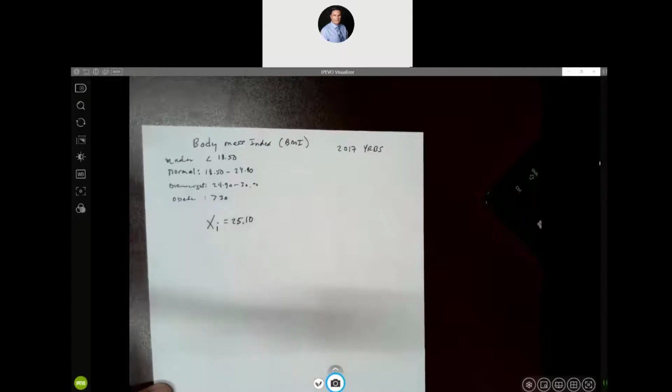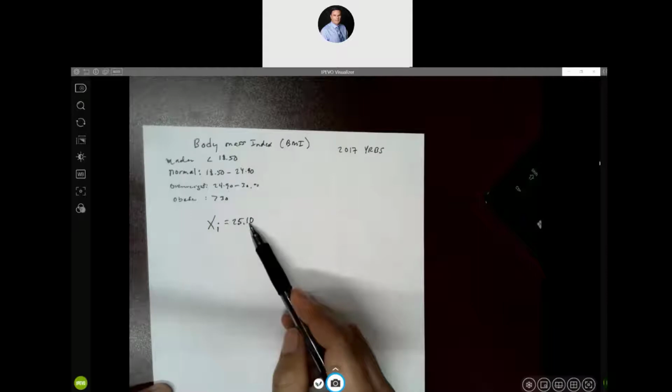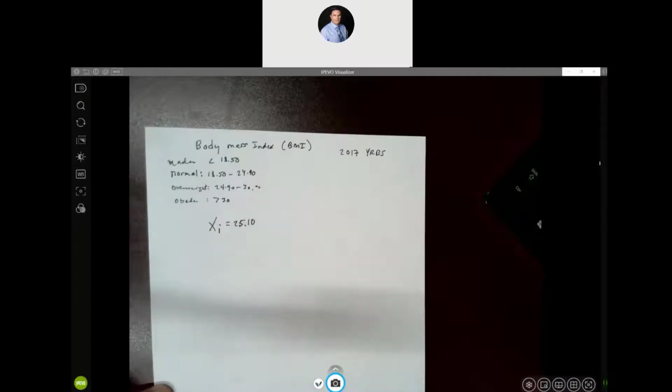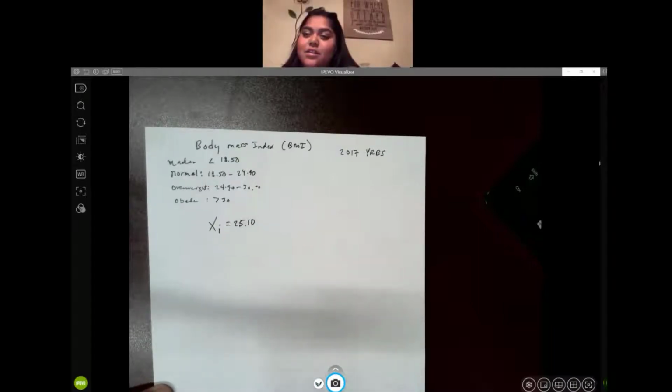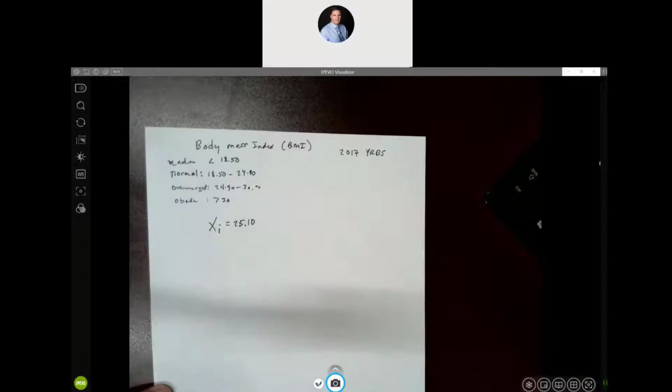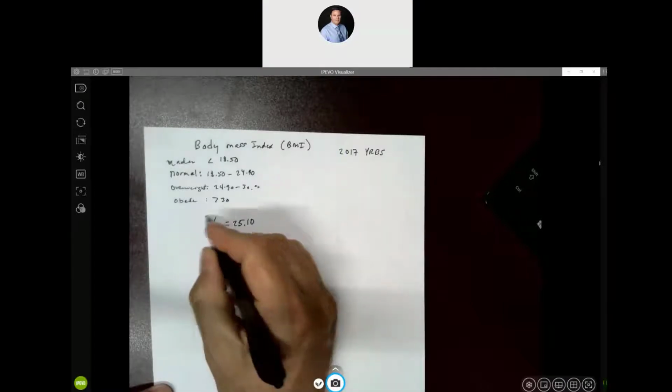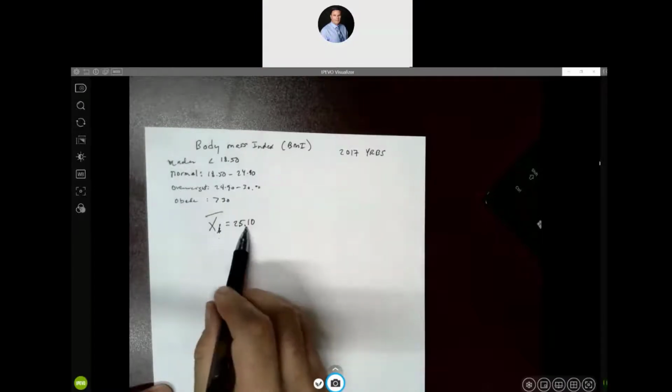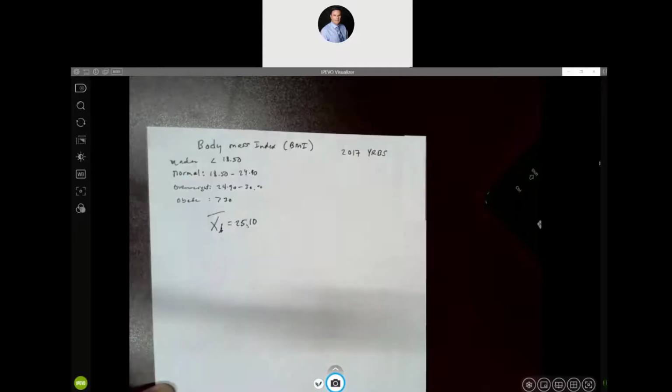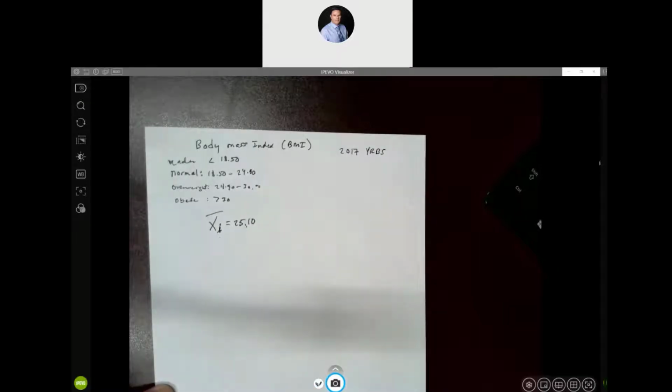They're overweight, but slightly overweight. Do you understand that? Oh, it's 25. Okay, yeah, sorry. So this should be the average. The average BMI is 25.10.